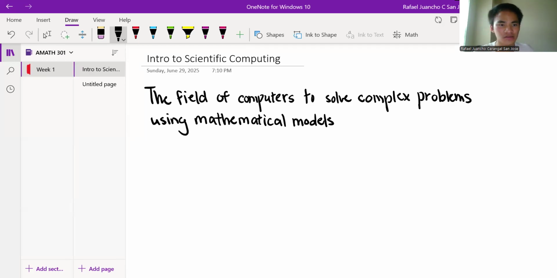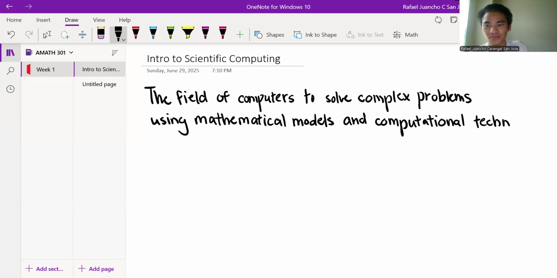It uses mathematical models and different computational techniques, which I have yet to learn, but I know a bit because I'm 1 week in the course. So yeah, it employs mathematical models and computational techniques. It involves developing and applying algorithms and software to simulate, analyze, understand real world phenomena.